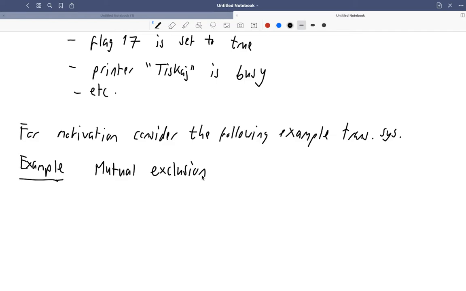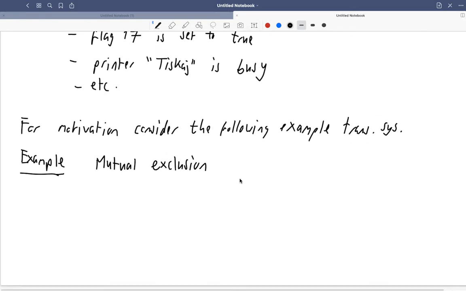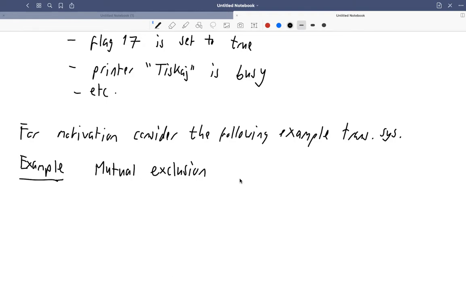And the idea here, so first I'm going to give the informal idea, and then we're going to model it mathematically as a transition system. We're modeling a situation in which we have two parallel processes accessing a shared resource.